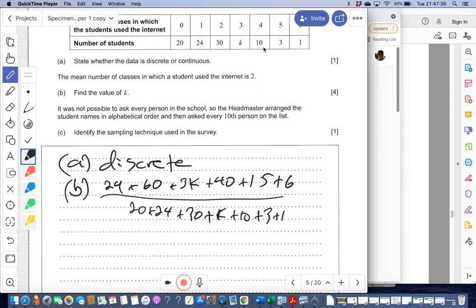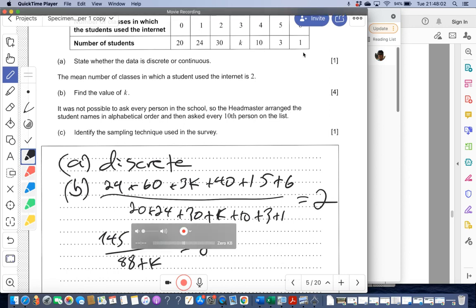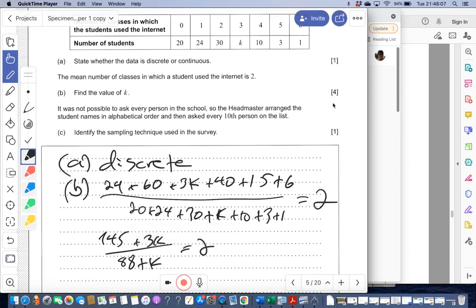And then when we finish all that calculation, we should get a mean of 2. That's what x bar is. Okay, so I did a little bit of addition there, added up all the numbers. I got 145 plus 3k divided by 88 plus k is equal to 2. So again, we're going to do some nice algebra here for these 4 points that are going to be awarded.